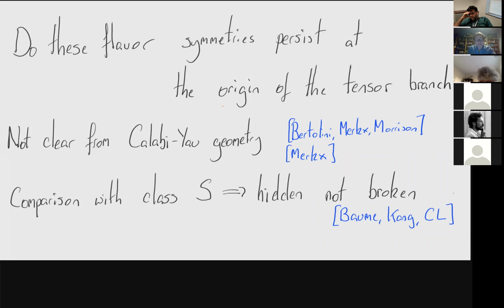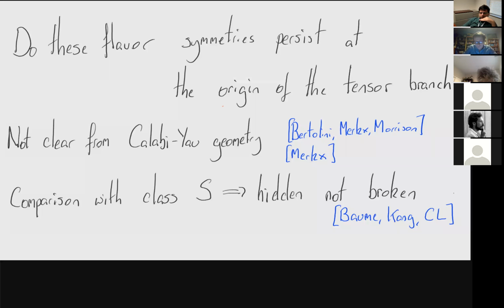One reason they may not appear in the geometry is just that they're broken, they're not really symmetries. But since the theories of class S, which we compare to, seem to have those symmetry groups, it makes sense to us that you would expect them to be there. And then that raises the question of how they are hidden in the geometry, if they're hidden in the geometry? And that's something which I think is certainly interesting to explore.